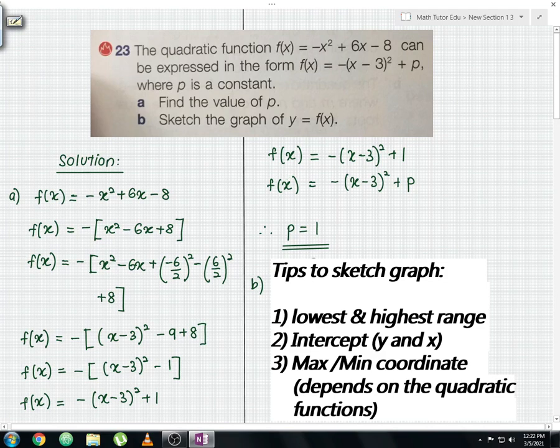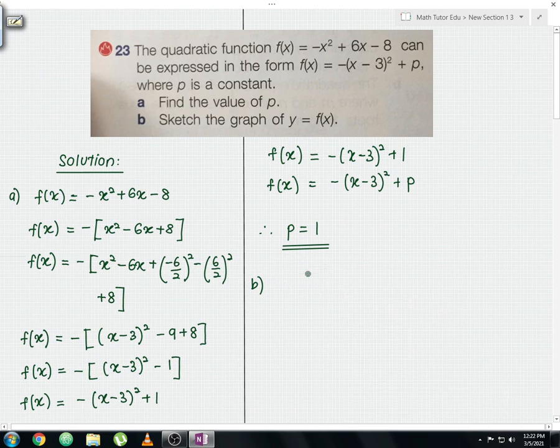Since in this case they didn't mention the range, you proceed to the second step straight away, which is to find the intercepts. Let us begin with the y-intercept. To find the y-intercept, you set x equals to 0.